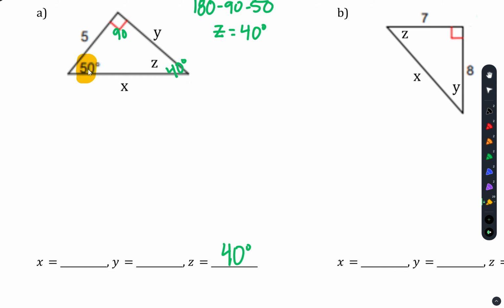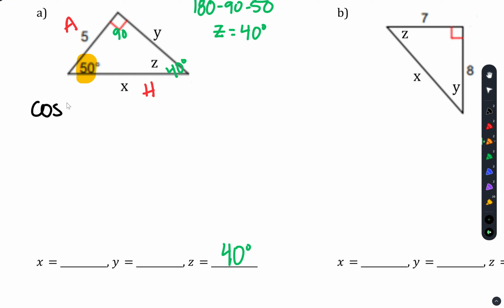Do we want to find x or y first? Probably x, right? Doesn't really matter, but let's find x. So 5 here is the adjacent side to 50, and x is the hypotenuse side to 50. So for that second side, I'm going to use cosine.